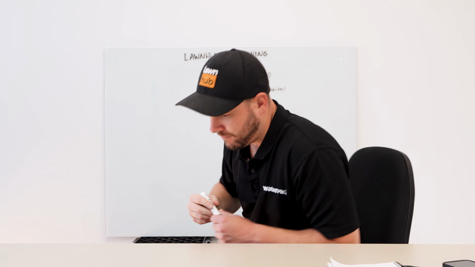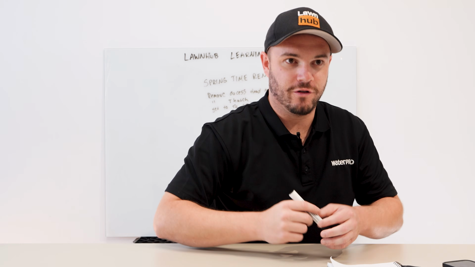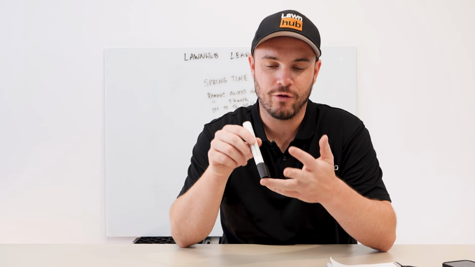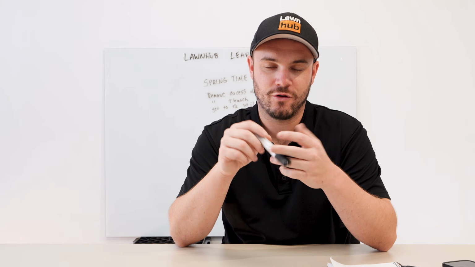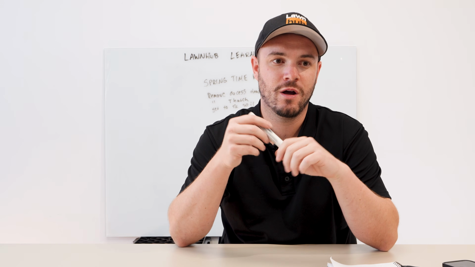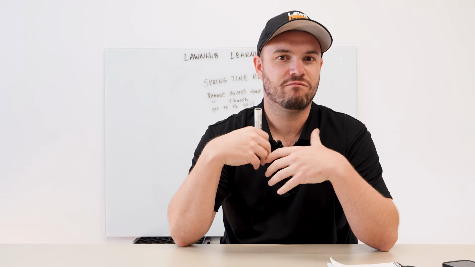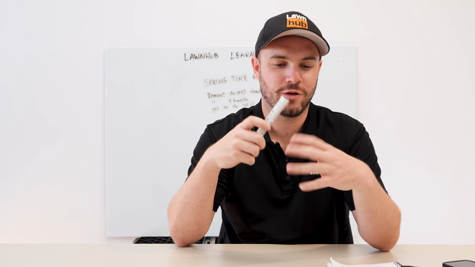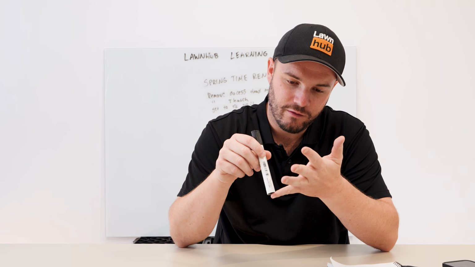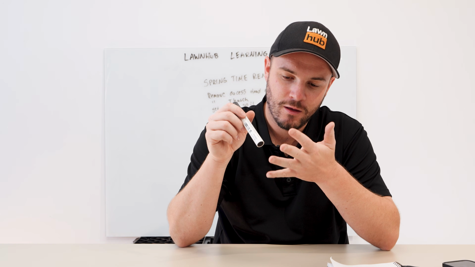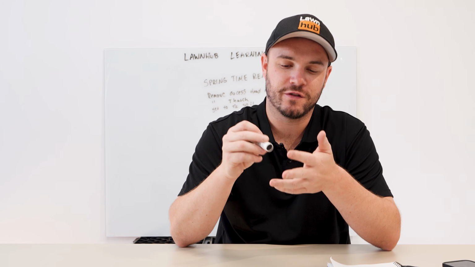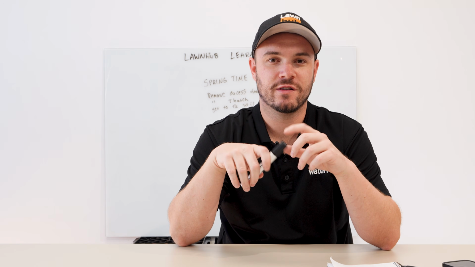Now this is important, especially if you want to do things like scarifying or coring. You can scarify and core long lawns, that's not an issue. But if you want your lawn looking with little to no thatch, mown at a really nice height and nice, even, consistent colour.